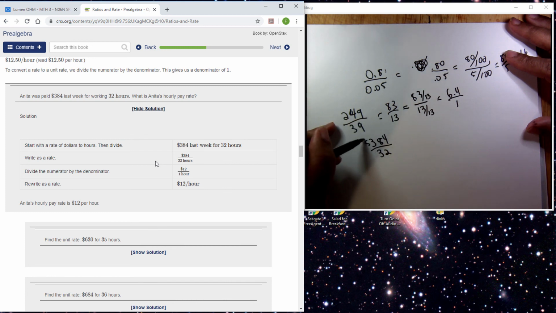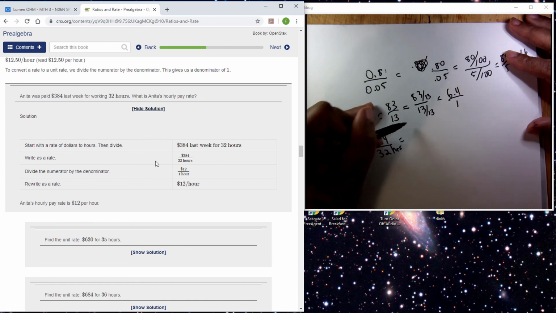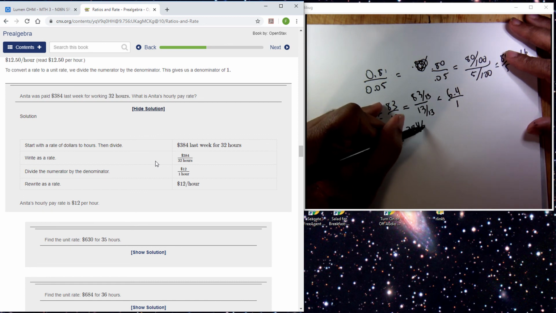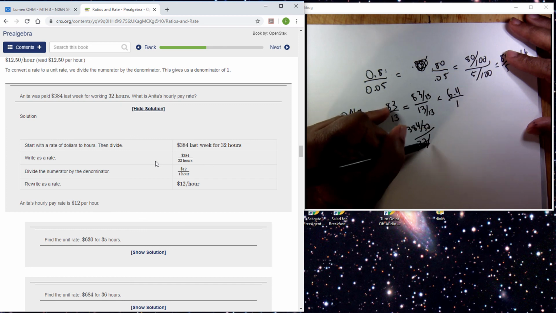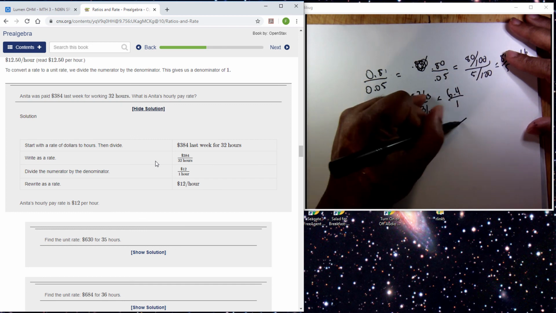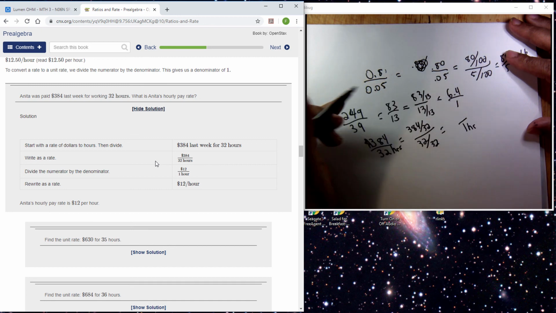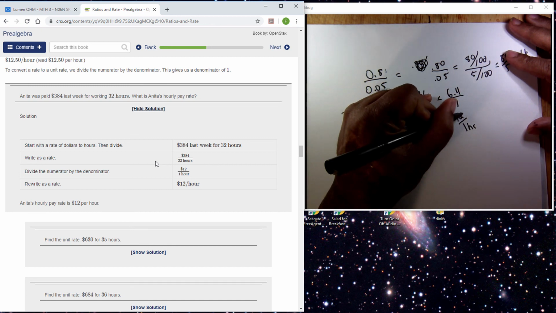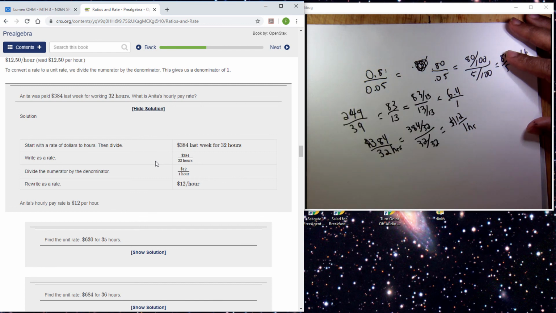So we have dollars here, and we have hours here. To find the unit rate, you divide both by 32. And it was $12 per hour. That's how you find a unit rate.